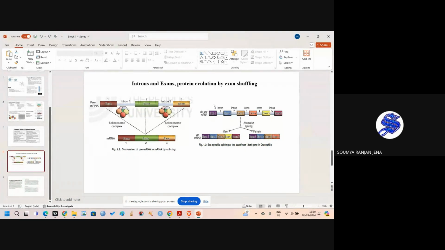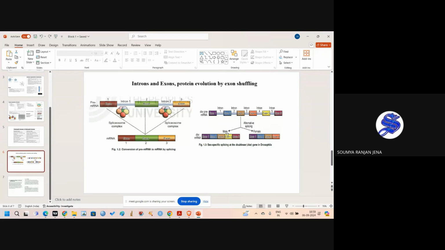For an example, in Drosophila, how sex determination occurs. In the Drosophila doublesex gene, the pre-mRNA contains 6 exons and 5 introns. How are these joined to form male and female?